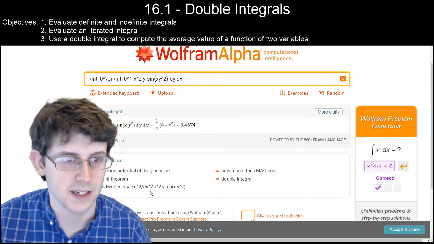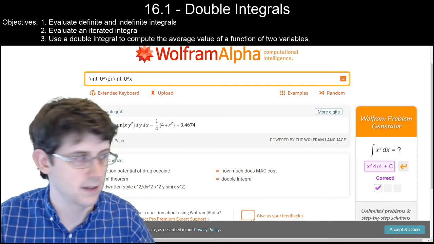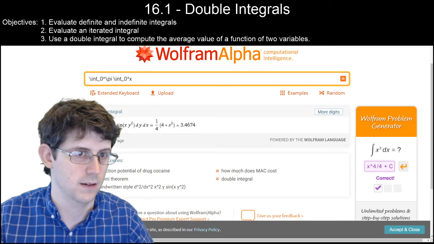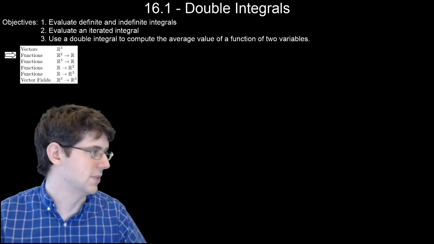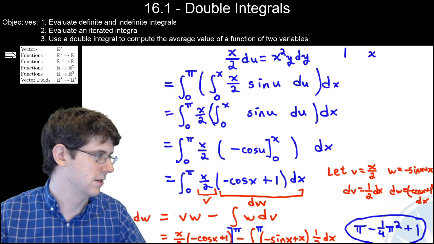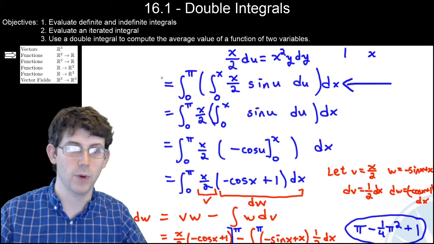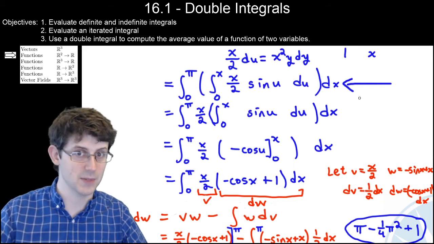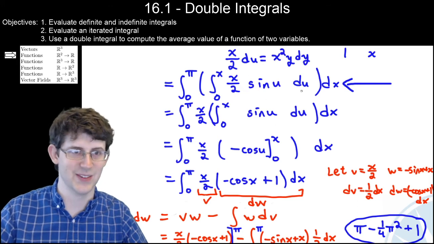So I have integral 0 to pi, integral 0 to x, sorry, I'm talking about. So I'm going to give it this now, that's halfway, that's in the middle of my work, and see what answer it comes out to. It's probably either this answer or the right answer.